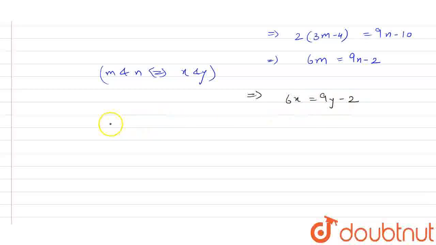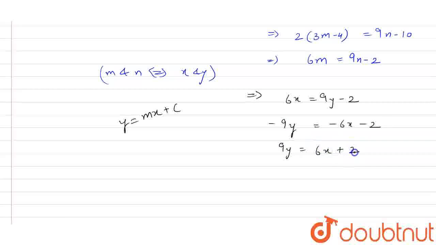We'll convert this equation into the standard form, that is y is equal to mx plus c, right? So we'll take this y to the LHS. So it will be 9y is equal to 6x plus 2.